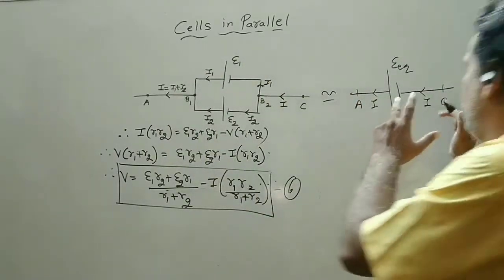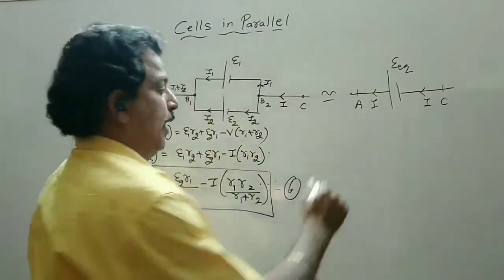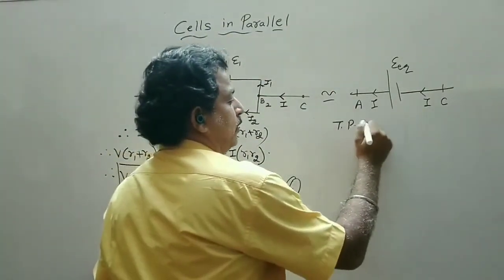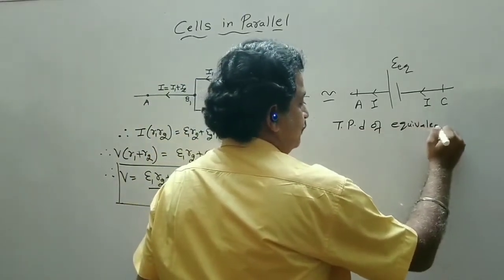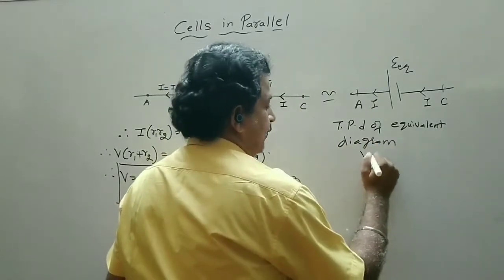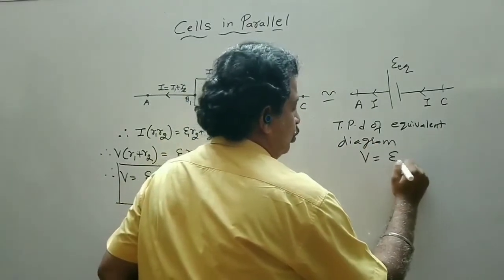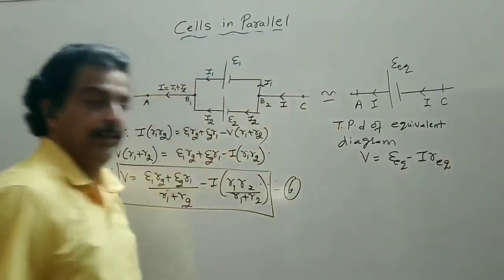Now if I have to write the terminal potential difference of the equivalent diagram, that is V is equal to E equivalent minus I R equivalent.